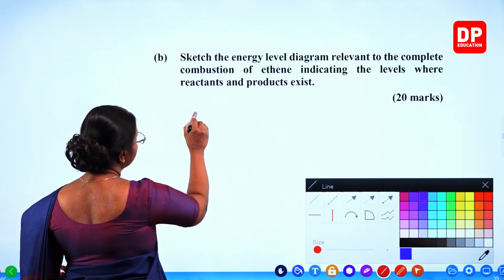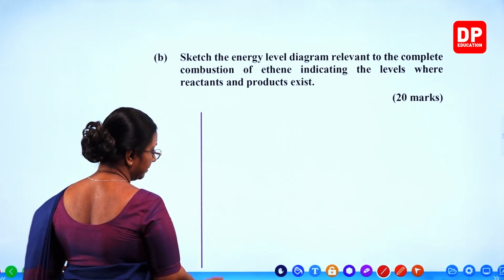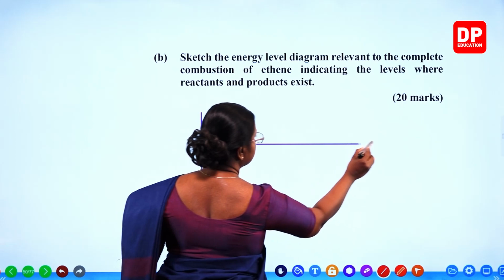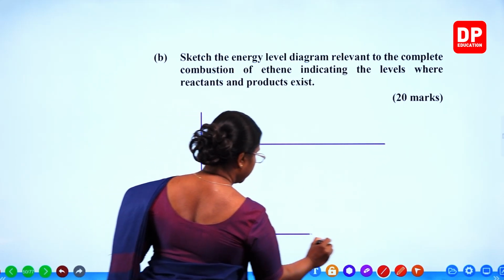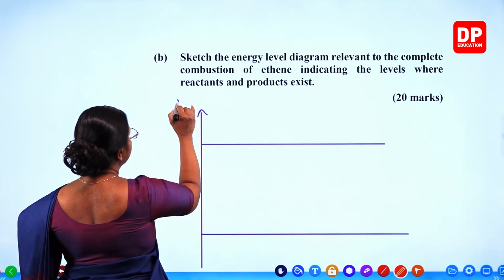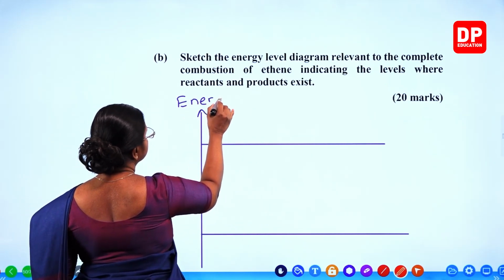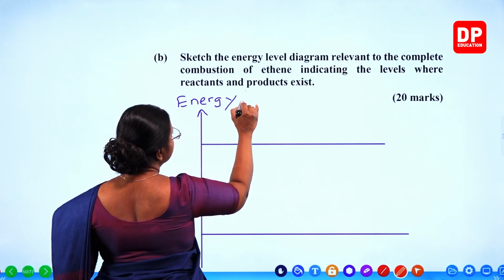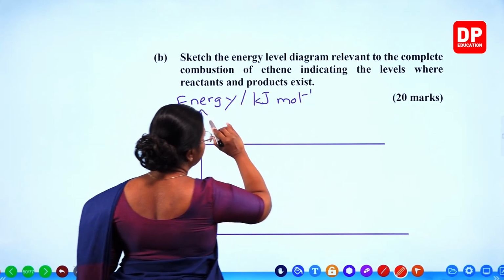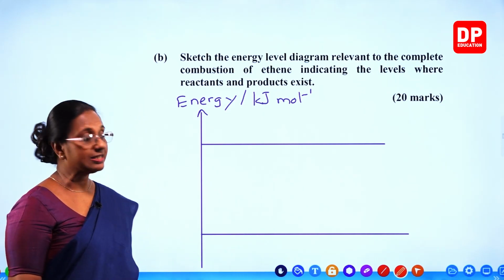So if you draw the energy level diagram, it's going to be like this. Here, this will be energy. And normally energy is in kilojoules per mole. You can remember that. So you have to give the unit as well.